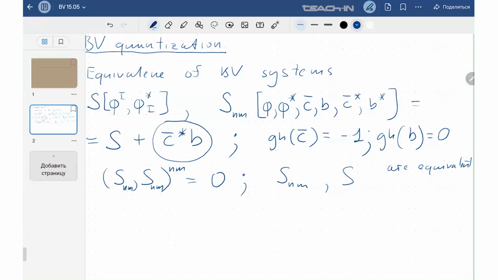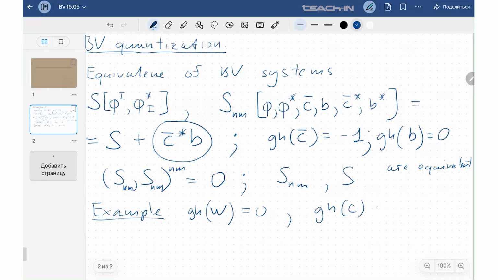But you can equally well cook up an example where, for instance, let me try to do another example, where we introduce new variables w of degree 0 and variable, for instance, c of degree 1.